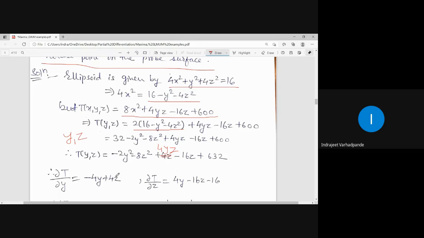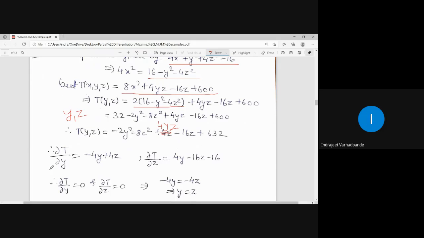Now differentiate. R will be what? Del 2 t by del y square, the second order derivative with respect to the first variable. First, before that, we calculate del t by del y, del t by del z. I hope the steps are clear.